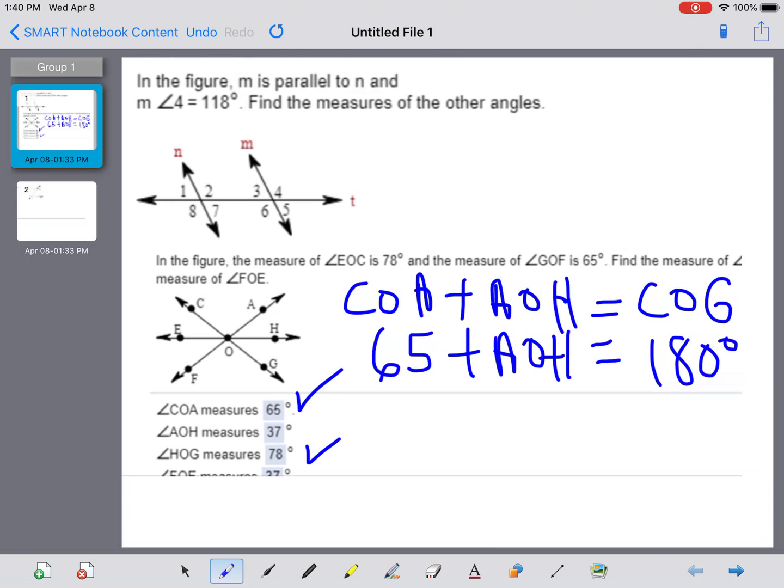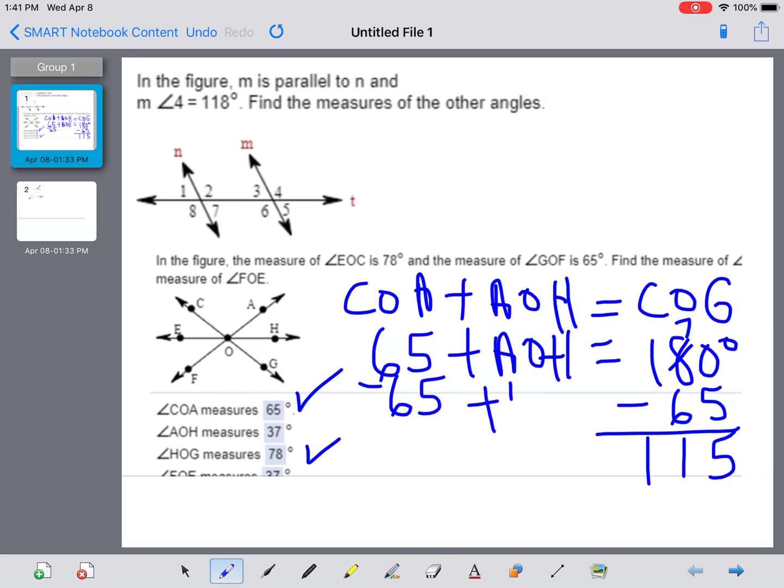So we can use a little algebra to solve for the measure of angle AOH. Just subtract 65 from both sides. And let's see, I think I left out an angle. I sure did.